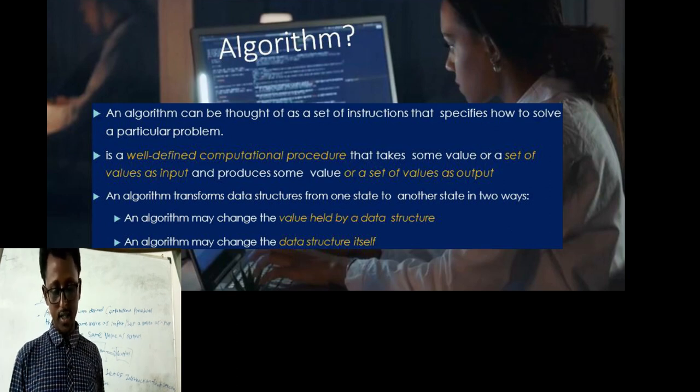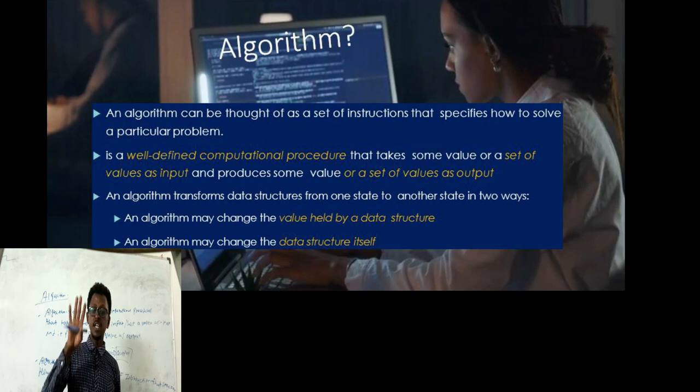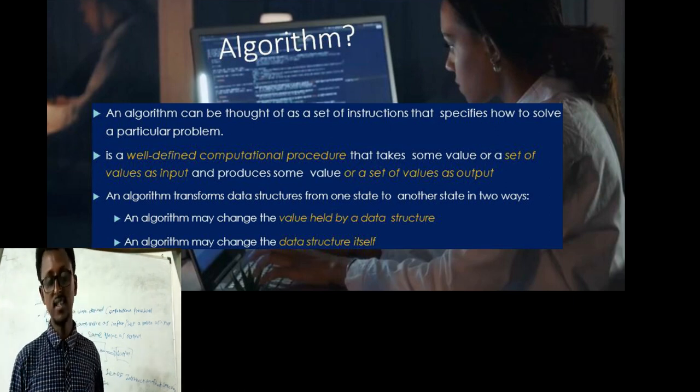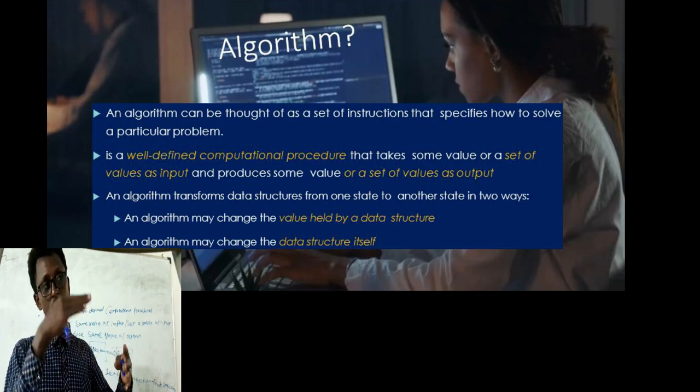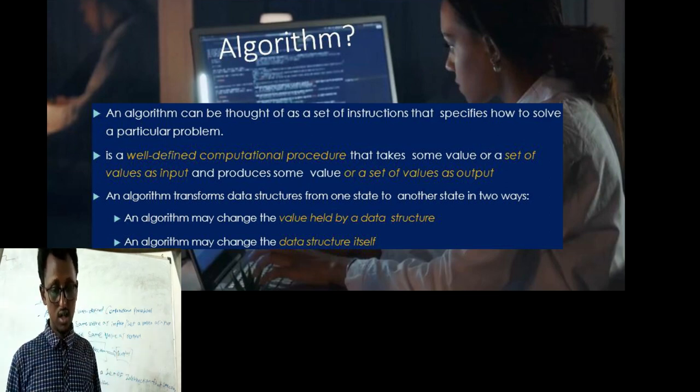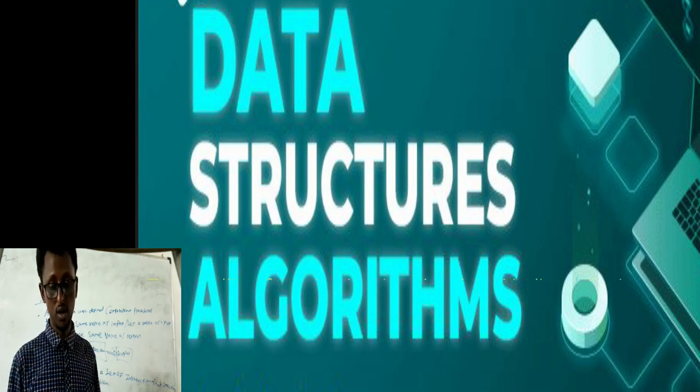So, an algorithm transfers a data structure from one state to another state in two ways. The first one is the algorithm may change the value held by a data structure, and the second one is an algorithm may change the data structure itself. The quality of the data structure relates to its ability to successfully model the real world problem; abstraction is the characteristic of the real world.